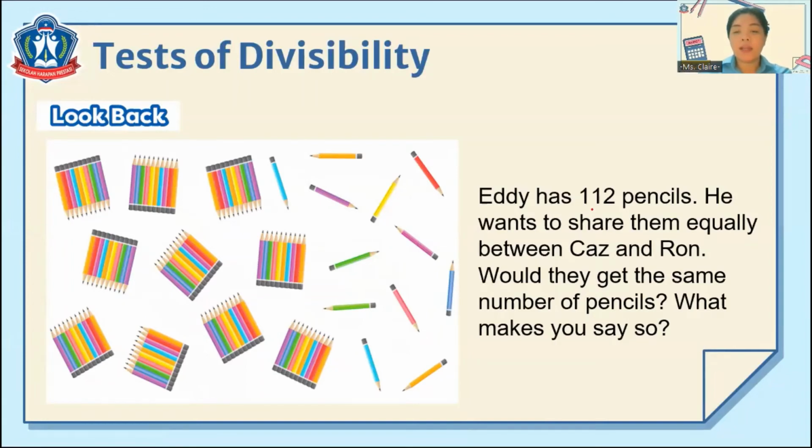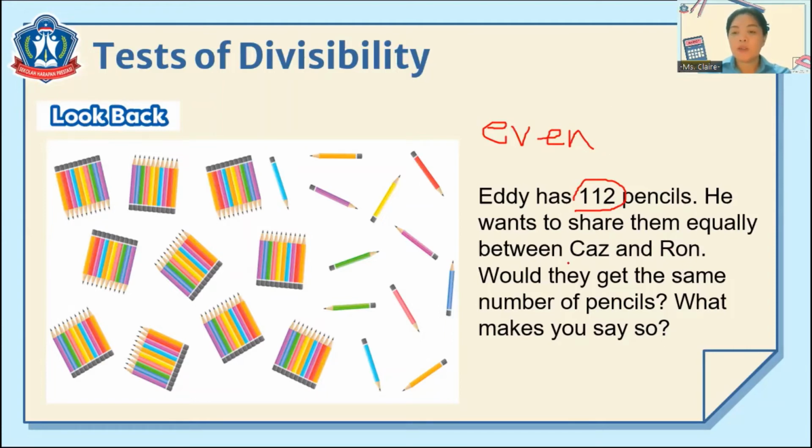Eddie has 112 pencils. He wants to share them equally between Kaz and Ron. Would they get the same number of pencils? What makes you say so? So 112 is an even number. Remember, an even number can be divided by 2.